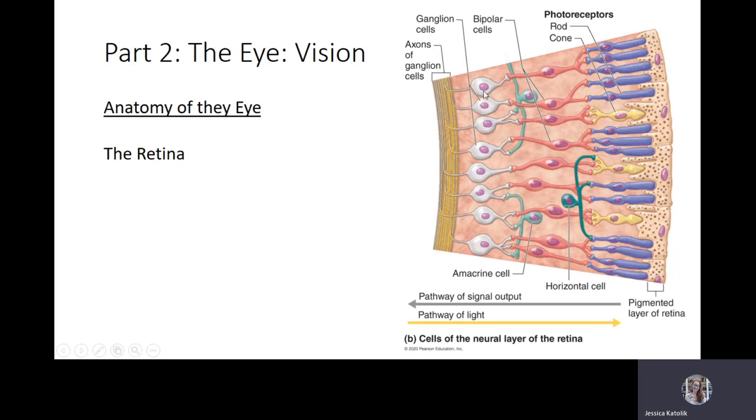Then those ganglion cells also process that information and determine if it's an appropriate time to fire. Here you can see that this ganglion cell is connecting to multiple bipolar cells, so we can see that convergent neural circuitry occurring here.